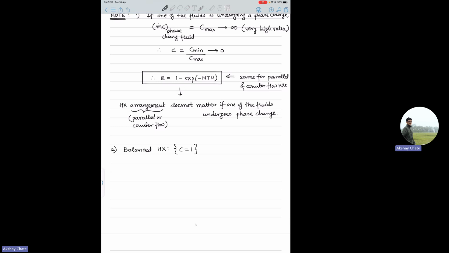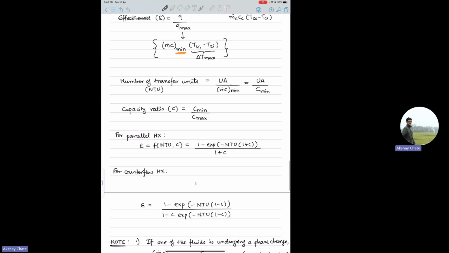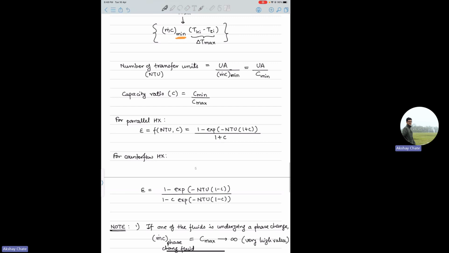For a parallel heat exchanger with C equal to 1, what happens to your effectiveness formula?